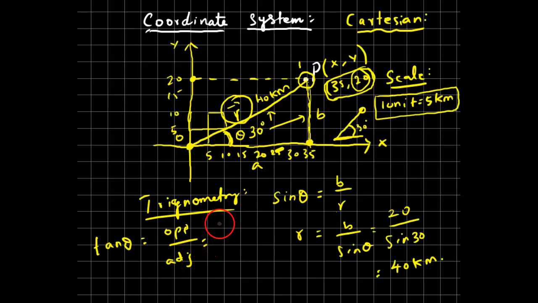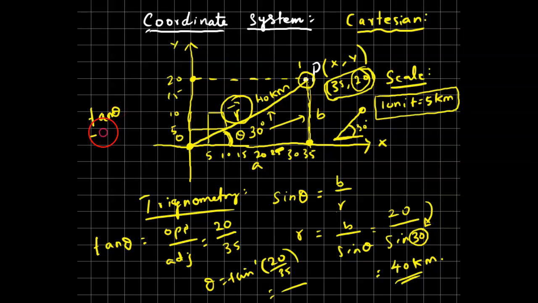Here the opposite side is the y coordinate value, 20, and the adjacent side is the x coordinate value, 35. Using tan inverse of 20 over 35, they will calculate the angle, and using this angle they can put the value into sin theta later. I have given my own values for easy calculation. This is the concept, so they can find the angle using tan theta to locate the position.